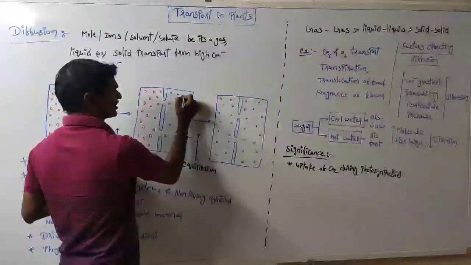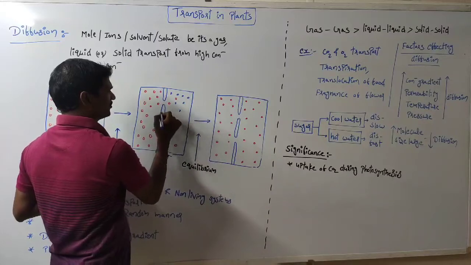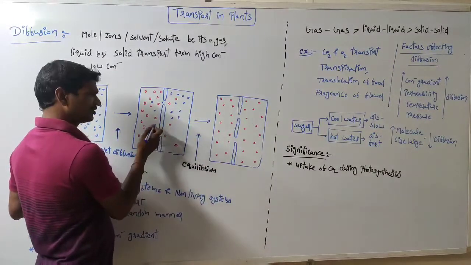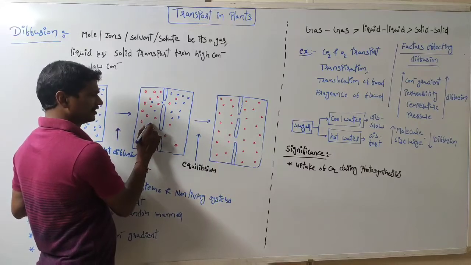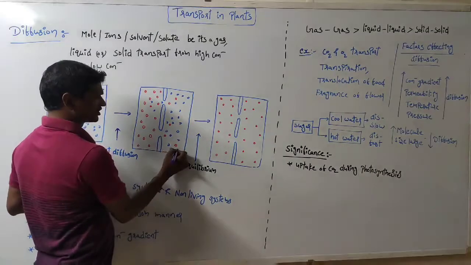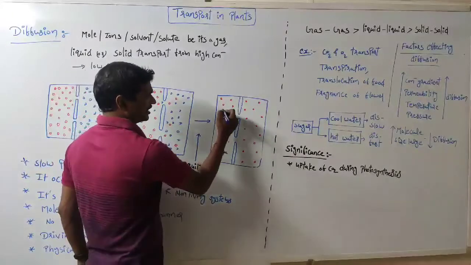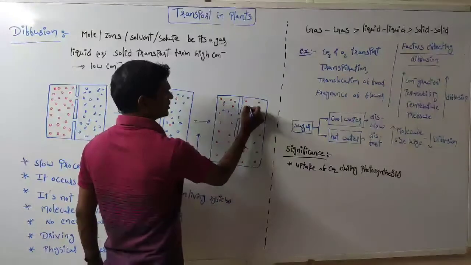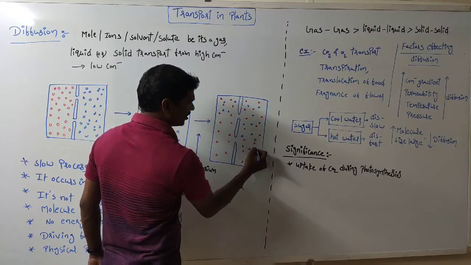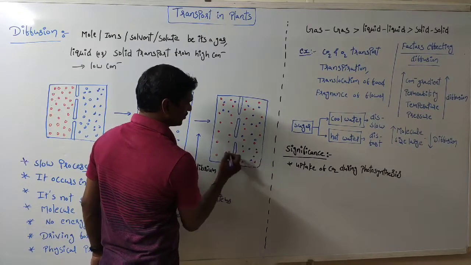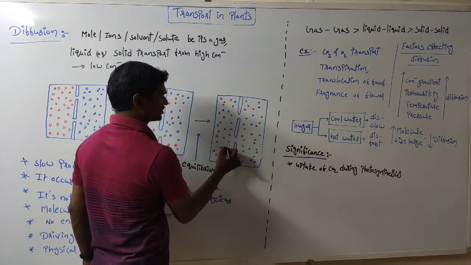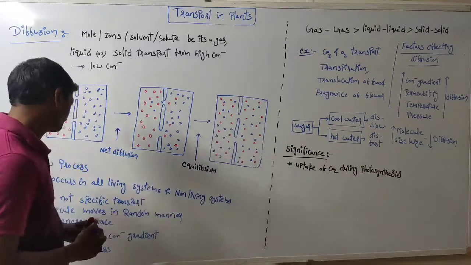So the transportation takes place from both sides, and again finally the equilibrium state is maintained. Either one type of molecules or two types of molecules, the transportation takes place and finally reaches the equilibrium state.